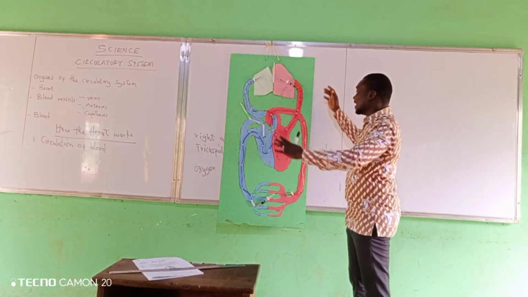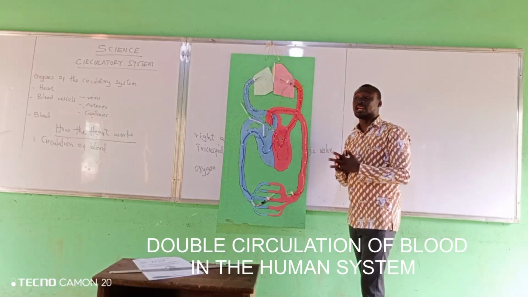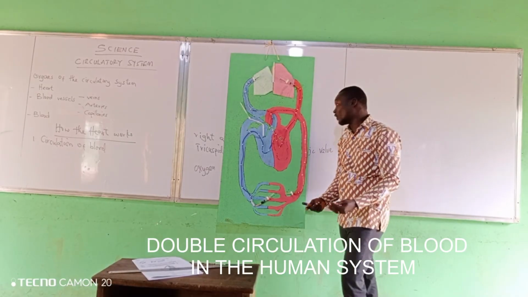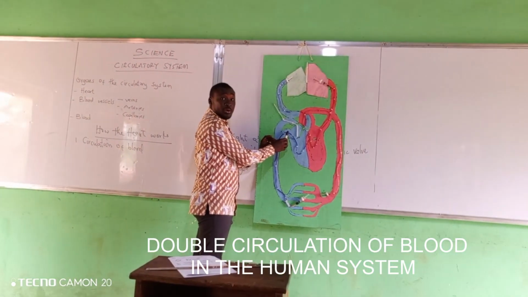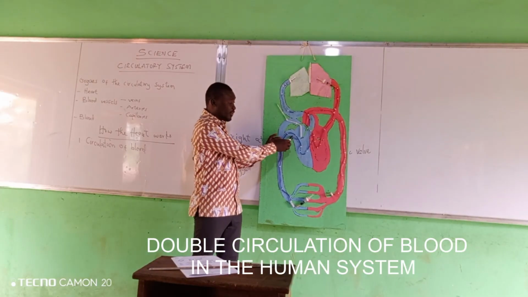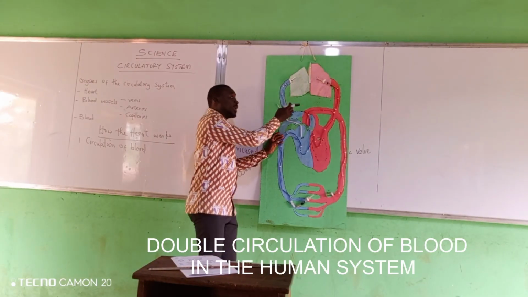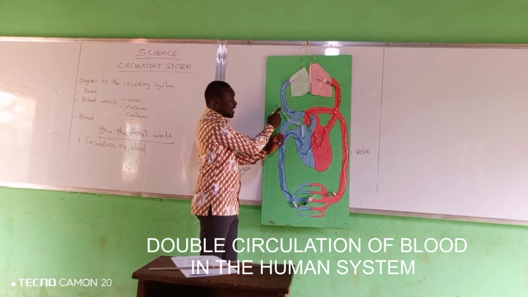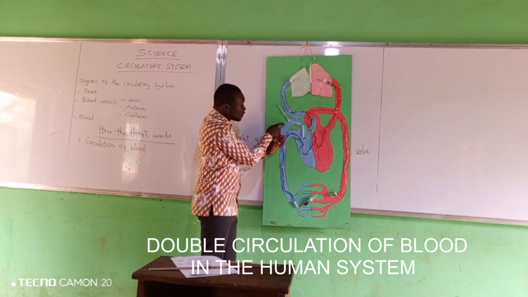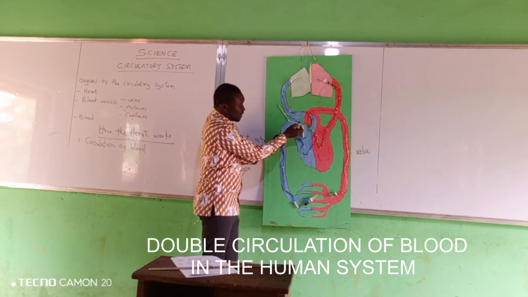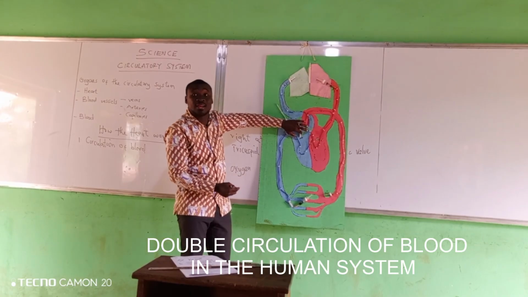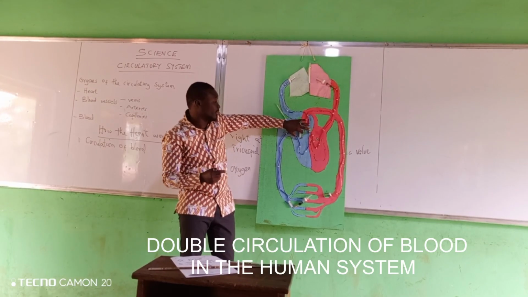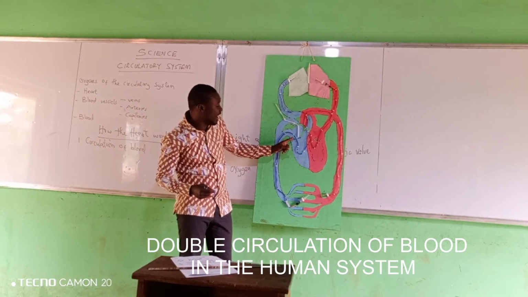So this is the entire flow. Deoxygenated blood from the lower part of the body enters the heart through the inferior vena cava. So this is the inferior vena cava. The blood from the upper part of the body enters the heart through the superior vena cava. Both enter the right auricle, or the right atrium.